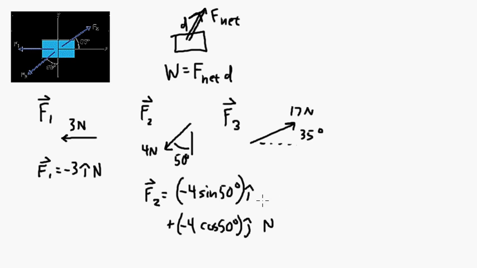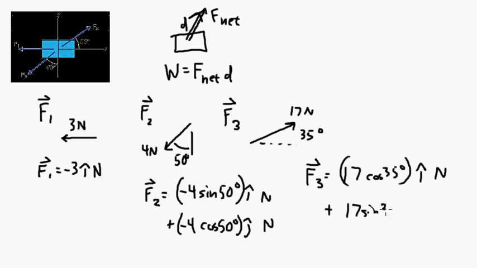And then finally F3, so this is just breaking it down into components, is going to be 17 newtons to the right times cosine of 35 i hat newtons, and then it's going to go up, its vertical component, so plus 17 sine 35 degrees j hat newtons.